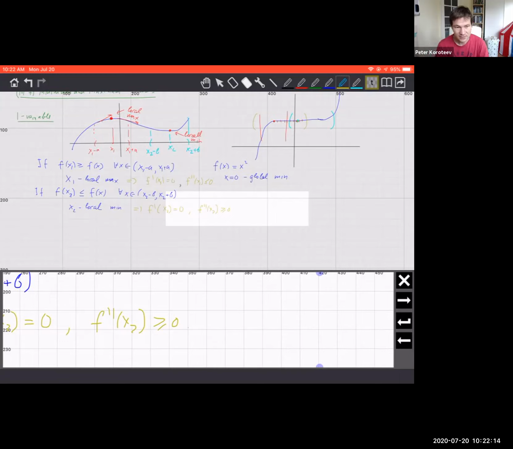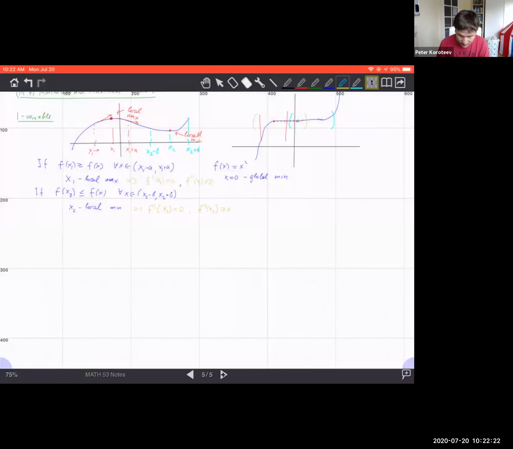Today let's discuss how this generalizes to functions of many variables. As you can imagine, there are more ways to go, because the function can increase in x and decrease in y, and it can have various peculiar behaviors in all directions.